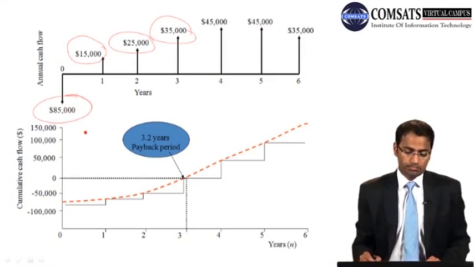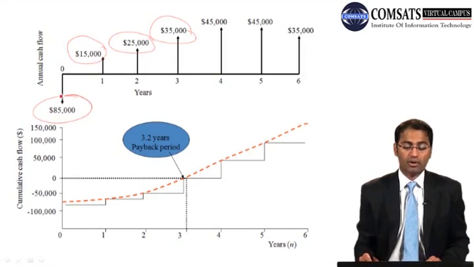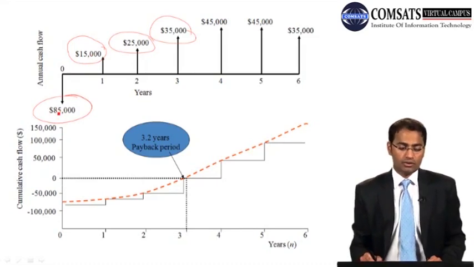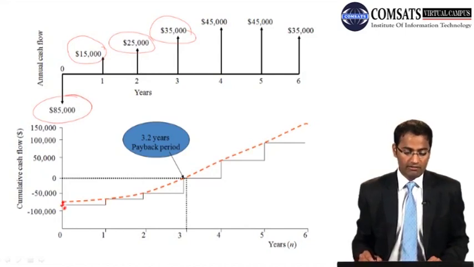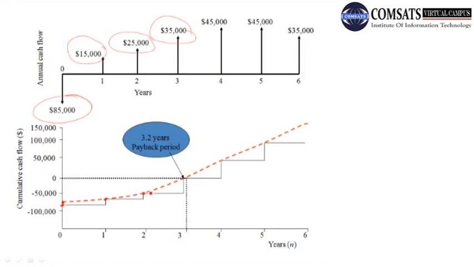Okay, so you take this 85,000, which is minus because it is outflow, and the others are positive because they are inflow. So 85 minus 15 becomes minus 70,000. Then minus 70 plus 25 is minus 45.